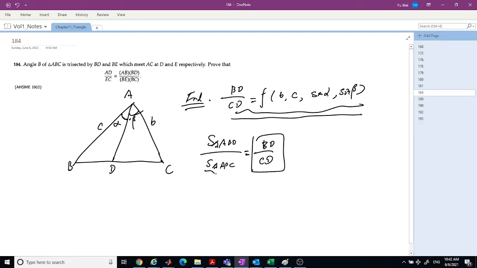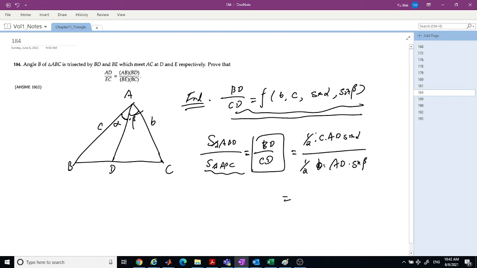And we can also use the sine formula to calculate the area, right? So the area of ABD is half of c times AD times the sine of alpha. This one is half of b times AD times the sine of beta.